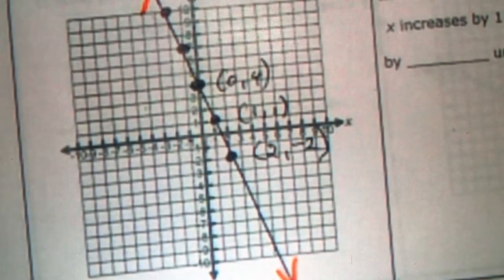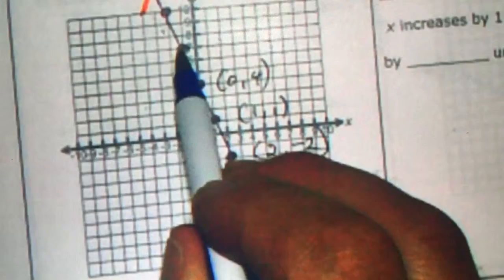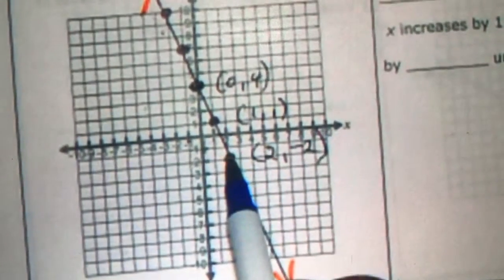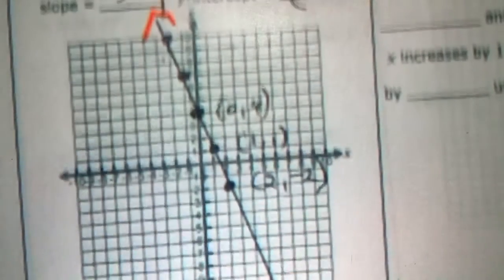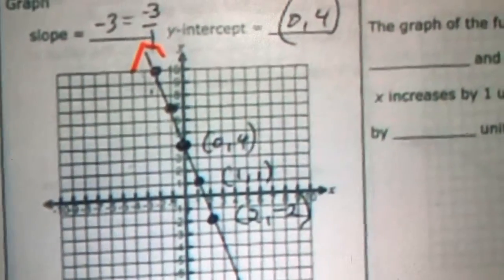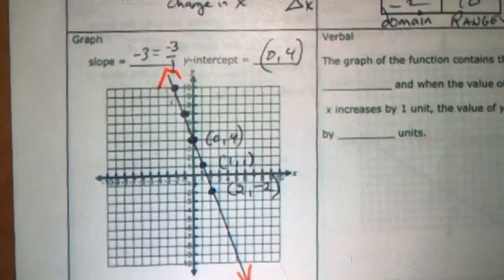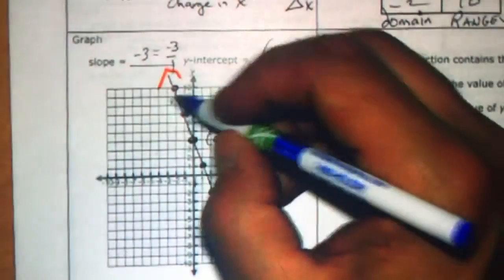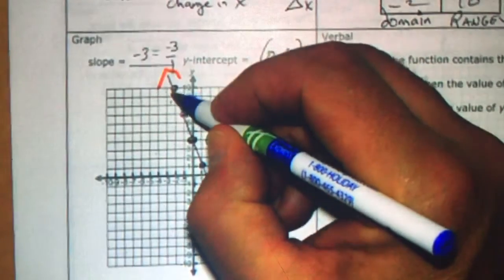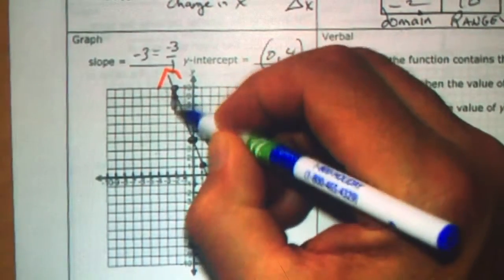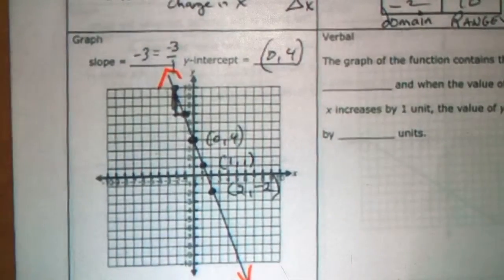Well, what happens now? We're asked to find, we know the y-intercept and we know the slope. Let's look at this as a staircase. Slope, as we said, is the change in y over the change in x, and if you see it on the staircase, it goes down 3, negative 3, and over 1. So down 3, over 1. And that's going to happen each time.